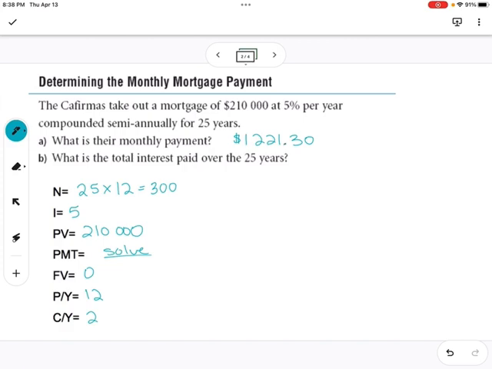Okay, so question B is asking, what is the total interest paid over the 25 years? So we know that we're making monthly payments of $1,221.30, and we make 300 of those payments. So that's 300 times $1,221.30.